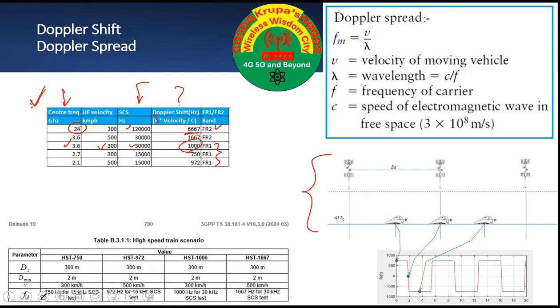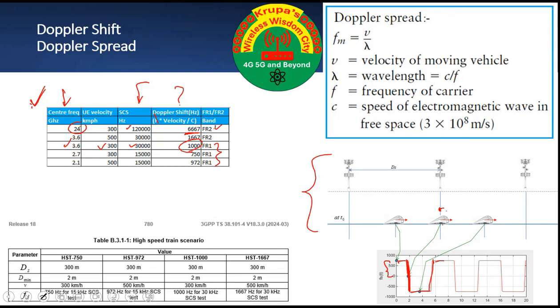On the right side of the slide, you can see the train is moving. There is a positive frequency shift, and as it moves, there is a transition from positive frequency shift towards a negative frequency shift. This is the transition, and again it stays at negative. This is the point where it reaches the center point, right under the nose of the gNB.